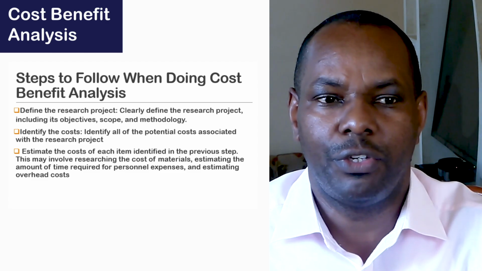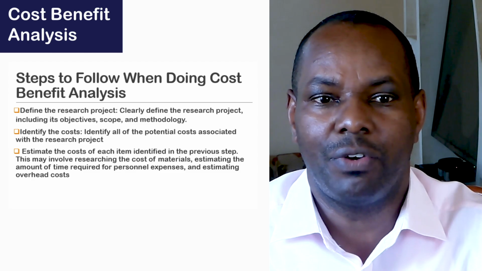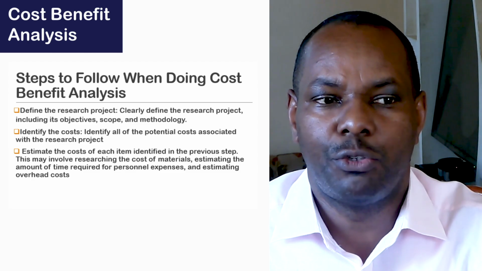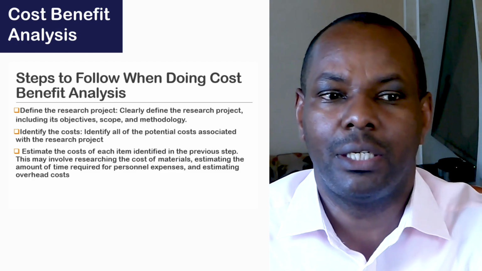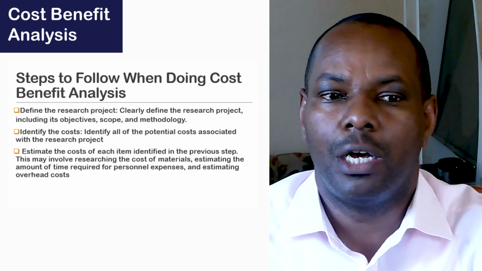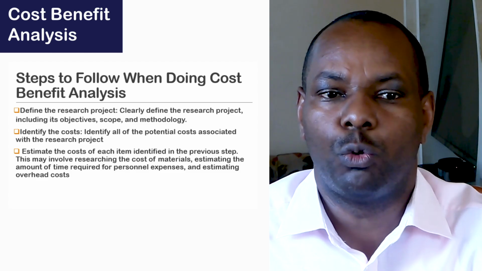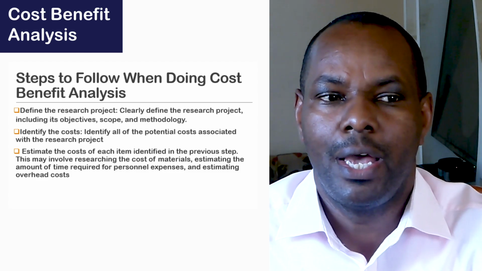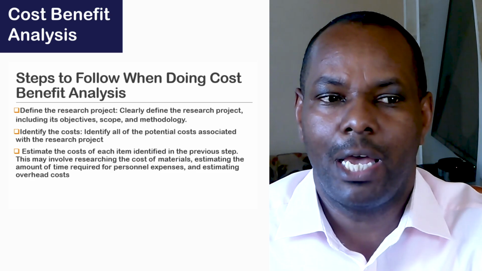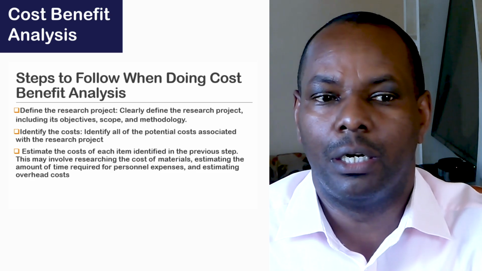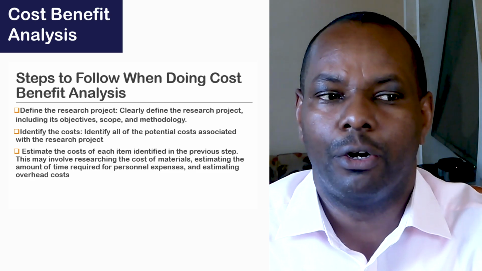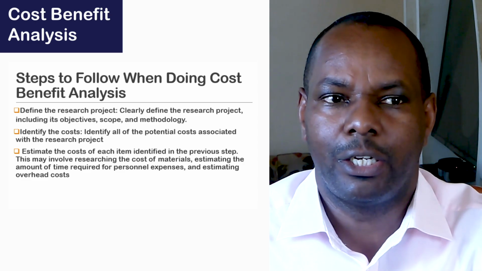So estimate the cost of each item identified in the previous step, and this will involve researching the cost of the materials that are going to be used, the inputs, equipment, and so on and so forth, estimating the amount of time required for the personnel, and also estimating overhead costs.